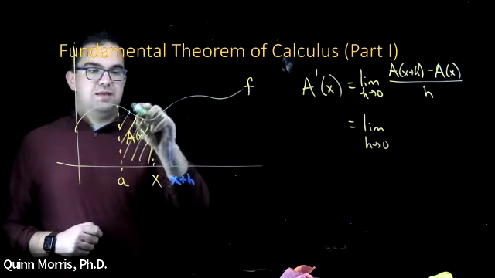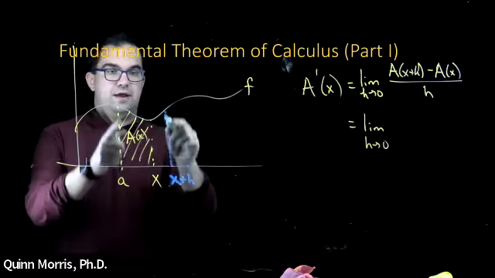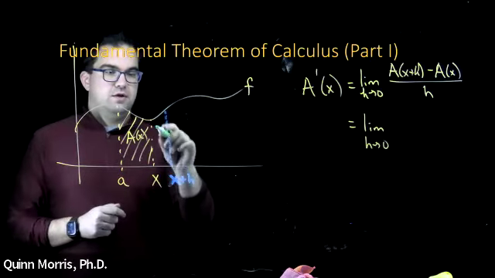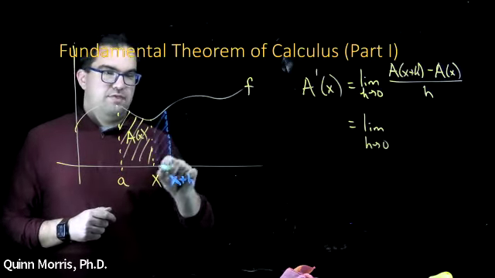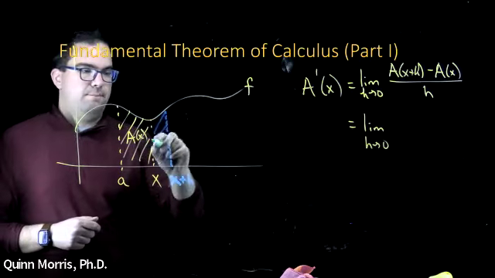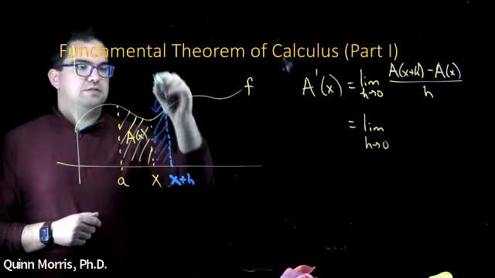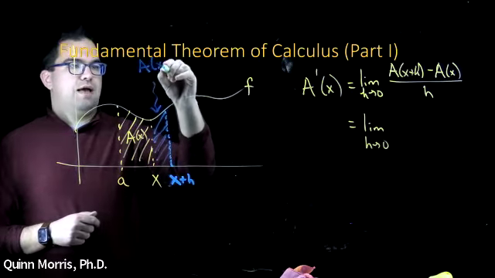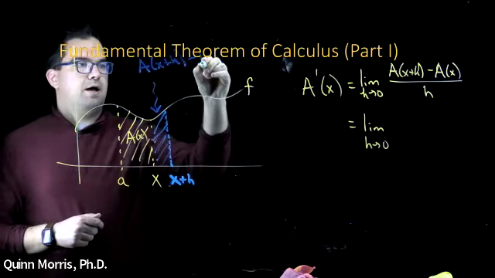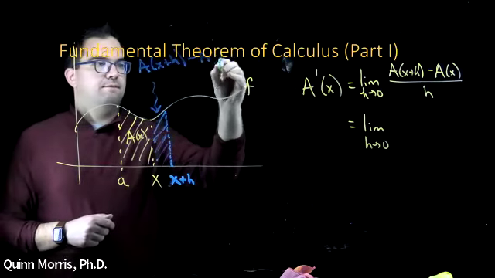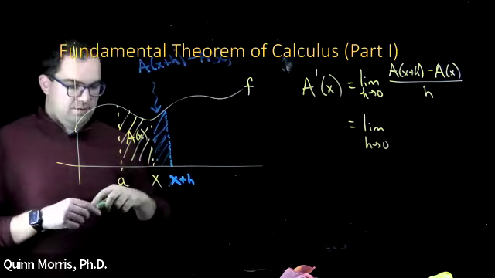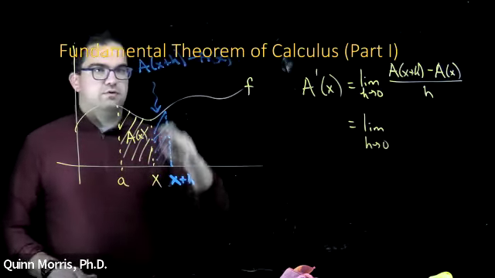And then A of x plus h would be the entire area inside here, okay? So this region right here in the middle, this difference, would be A of x plus h minus A of x. Sorry, I know that might be a little difficult to see there.